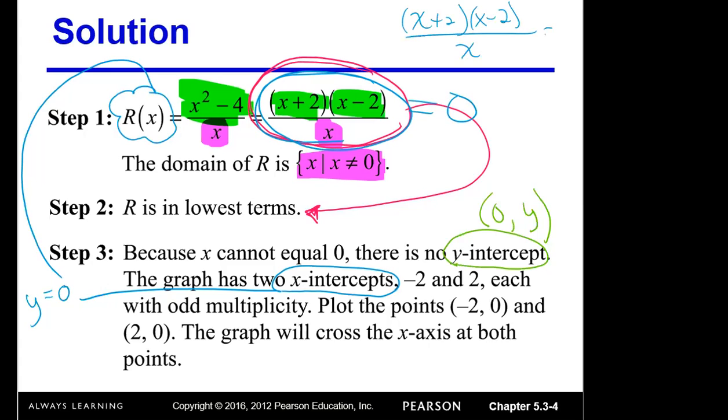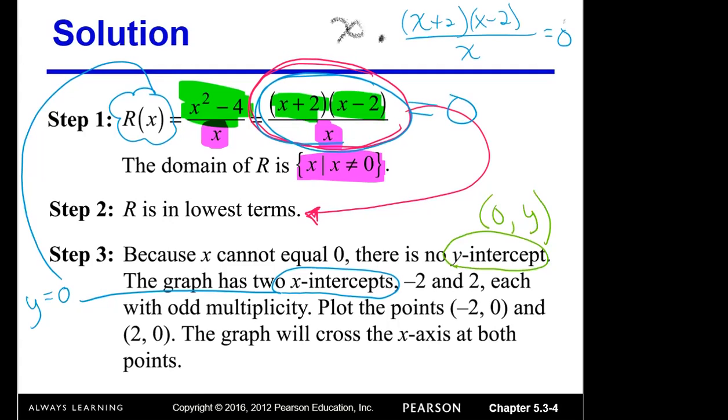They're like, okay, we'll let y be 0. In order to solve for x, the first thing you have to do is clear out the denominator. So they multiplied both sides by x, which cancels out here, and you still get 0 on the right. And you're still left with the numerator of x plus 2 times x minus 2.